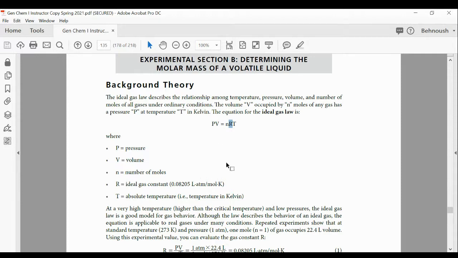You can't use torr or millimeter mercury or Pascal or any other unit for pressure. If the pressure is given in any other unit, you have to change that to atm. If the volume is given in milliliter or cubic meter, you have to change that to liter. Temperature must always be in Kelvin for gas laws, and n is the number of moles. We need those units to make sure they match the units of our R value.